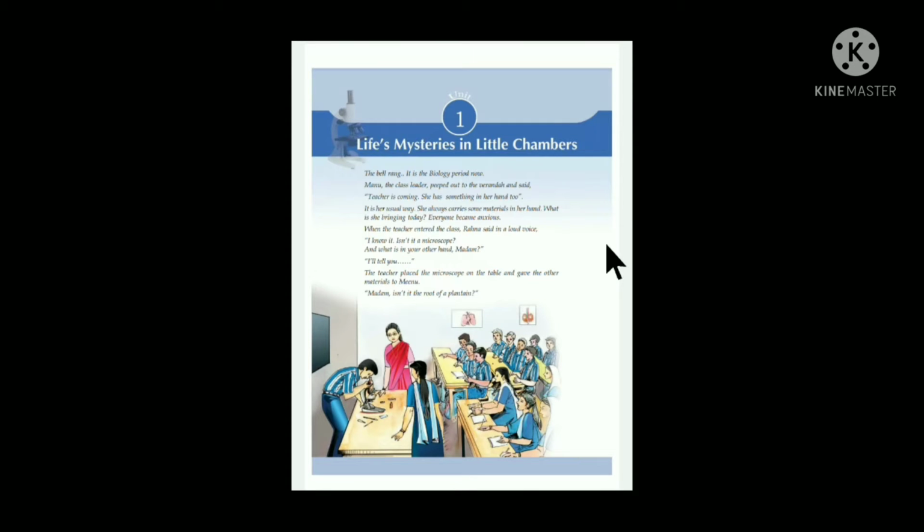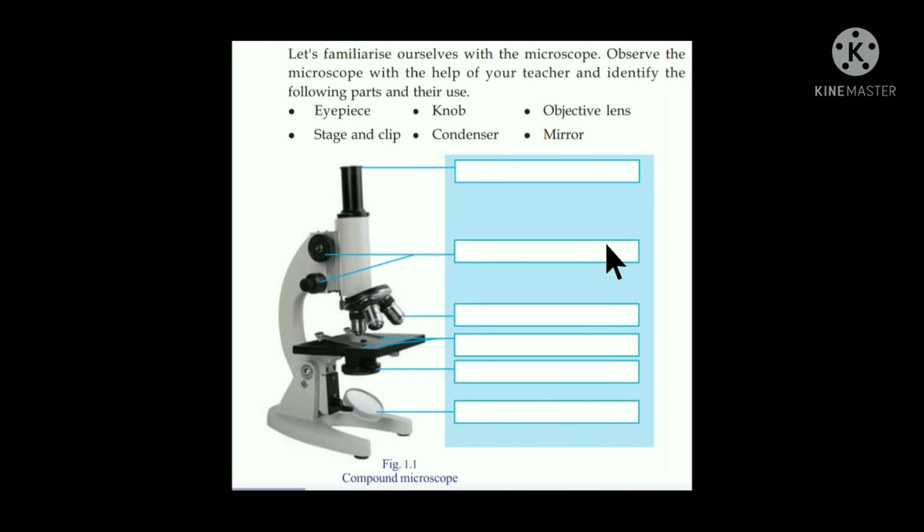Good morning, all. So, we have taken the lesson, chapter 1, Life's Mysteries and Little Chambers. And today, we are going to discuss some questions related to this. It's already there in the textbook itself, which is the first one.